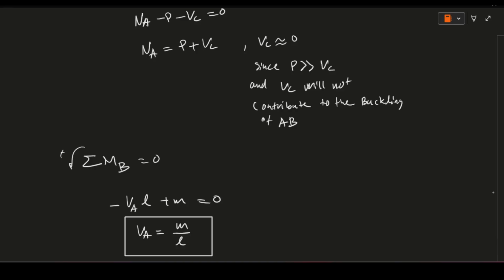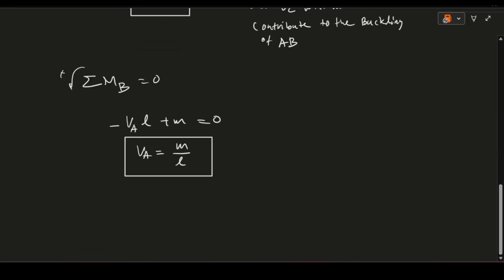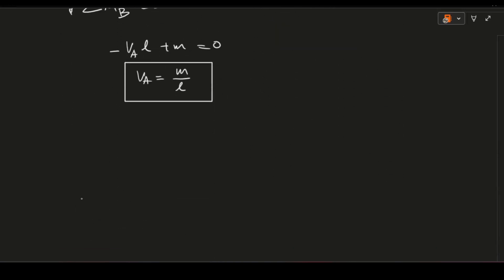If we now assume that VC was 0 because there is no shortening of the column, then NA becomes just P. So we have solved the reaction forces at A. So we can cut up the beam, the column.